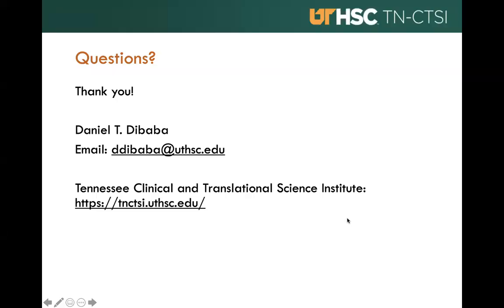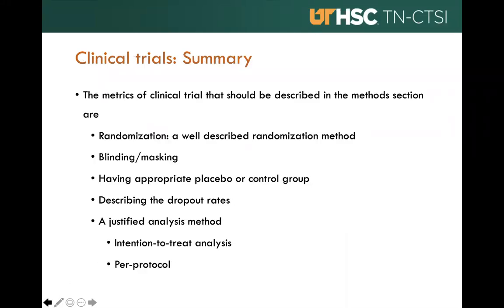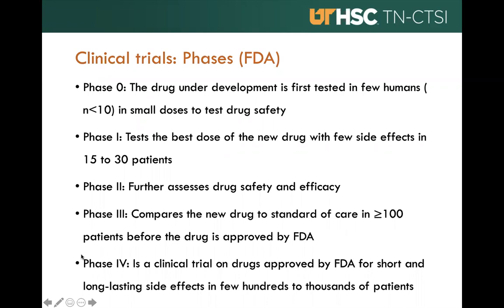You mentioned phase 1 is for humans. So what is the phase for testing in animals before testing in people? For animals, we actually don't have these four different phases.